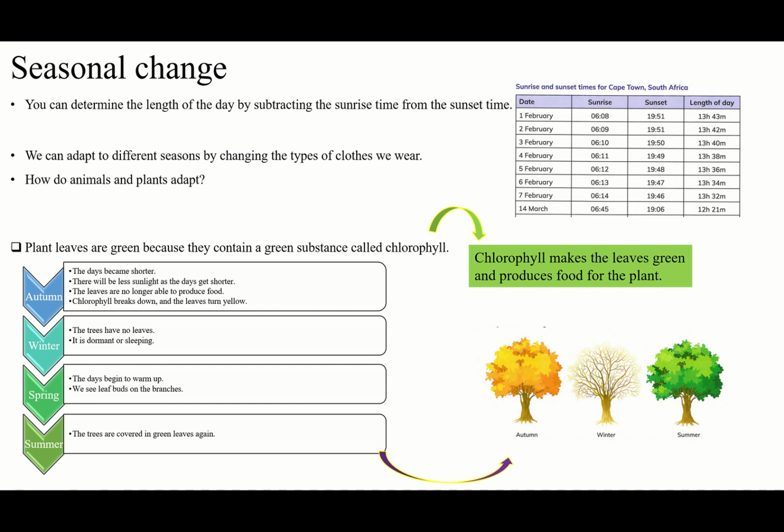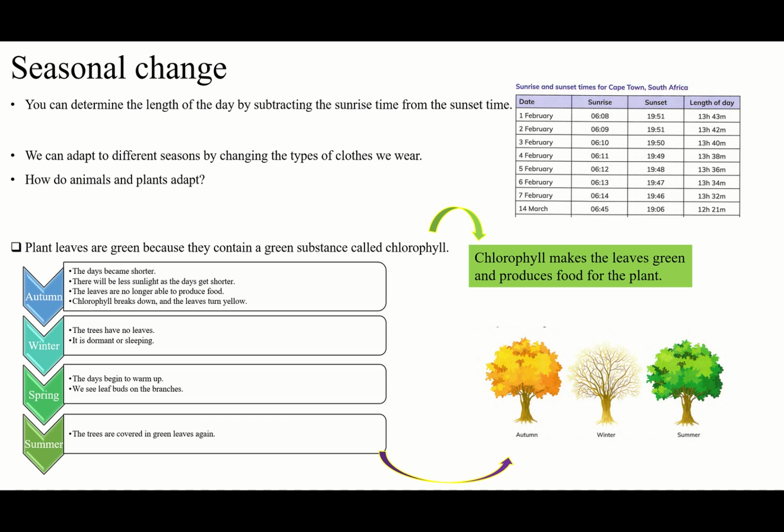Because of having shorter days, there will be less sunlight. For example, if we have 15 hours of sunlight, and another time we have 12 hours of sunlight, which one is more? Of course 15. In which one can we get more sunlight? Of course 15.